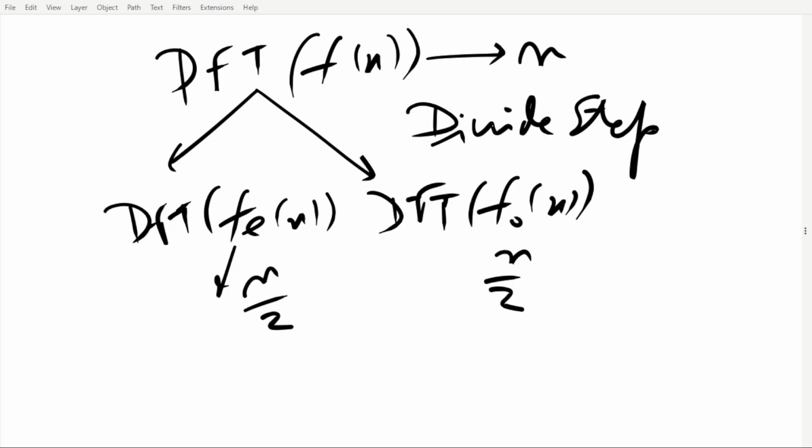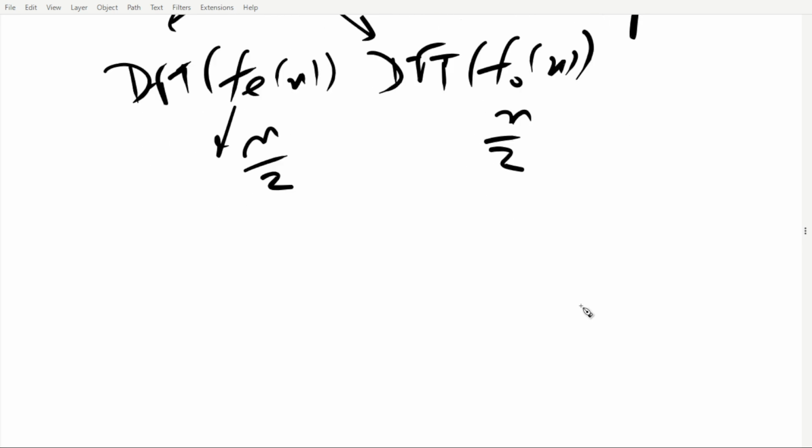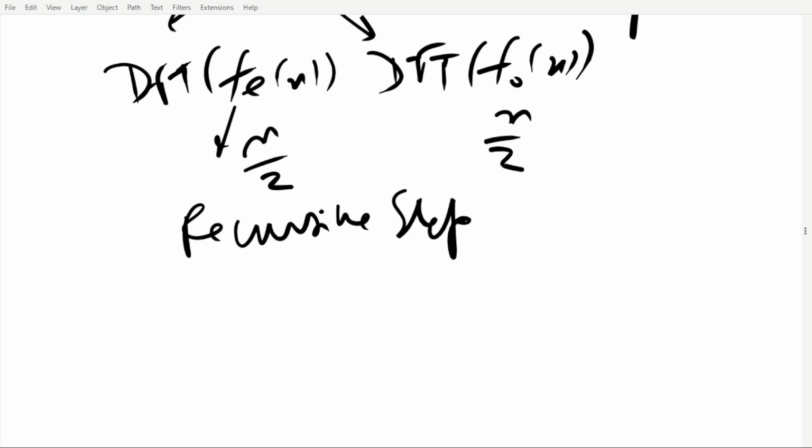Then the recursive step is to compute these smaller DFTs. So we have the recursive step. We compute the two smaller DFTs.